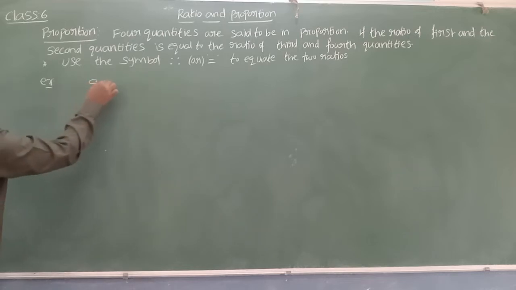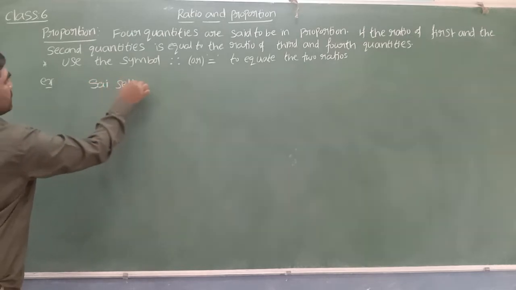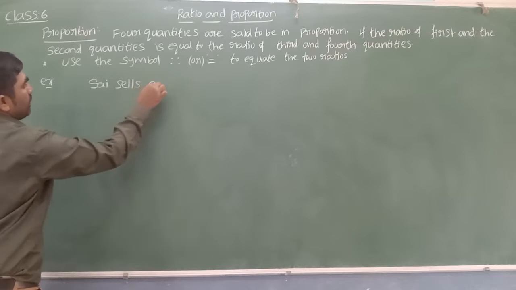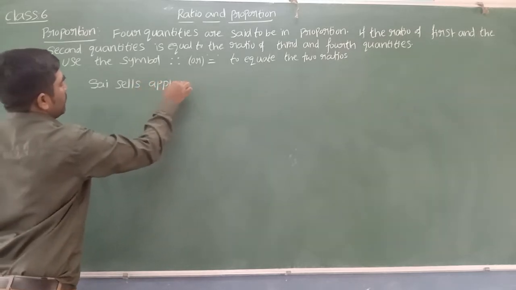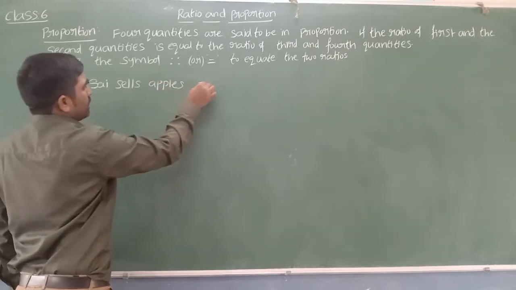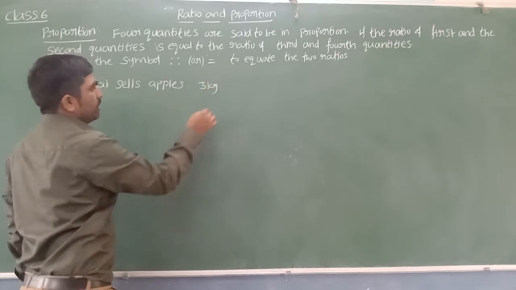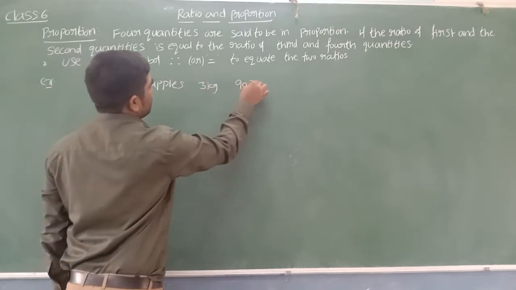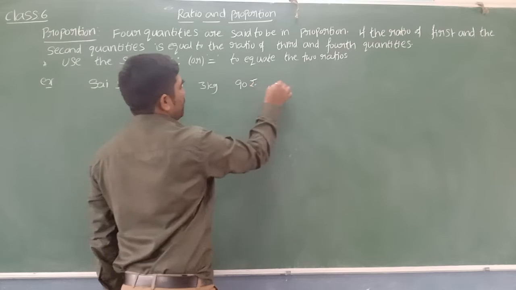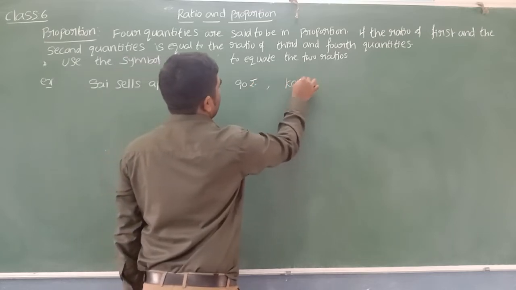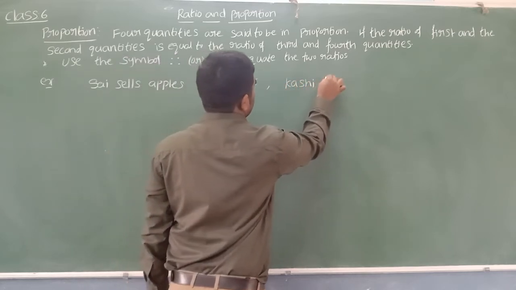Suppose Sai sells some apples. He sells 3 kg of apples for 90 rupees. And one more salesman, Kashi, also sells apples.